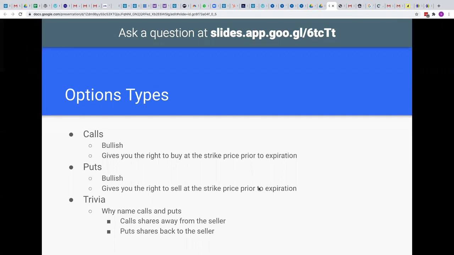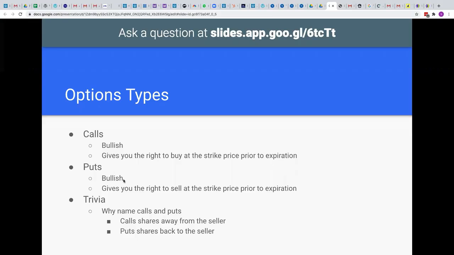And then the puts. Sorry, this is wrong. Puts means bearish. It gives you the right to sell at the strike price prior to expiration. Now, you might be wondering why they name these calls and puts. Remember, when you're buying a call, somebody on the other side is selling those calls to you.